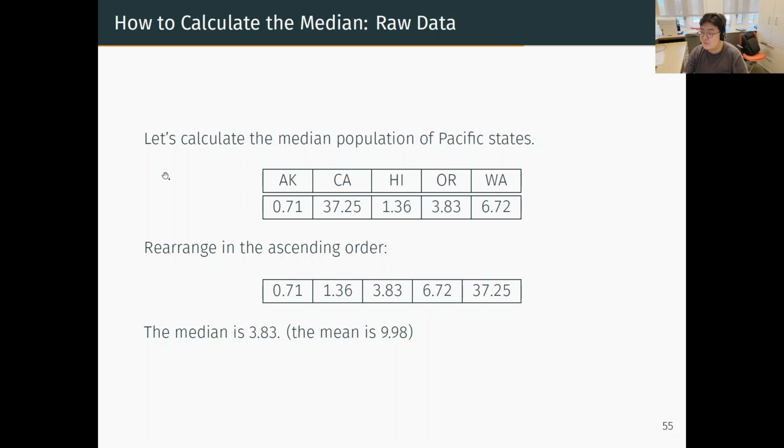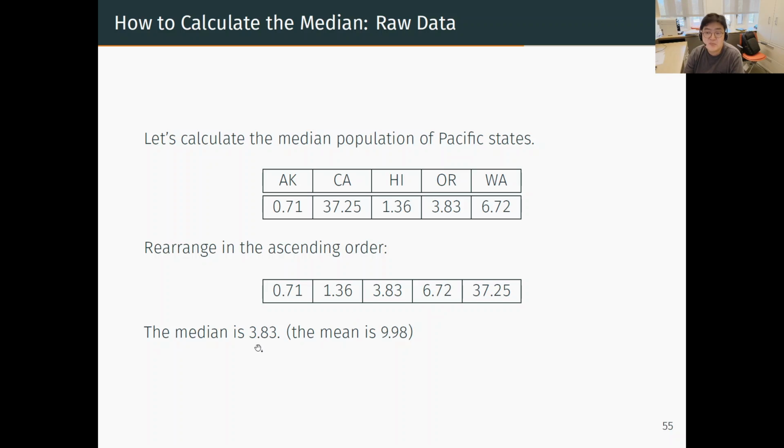So in this example, I only took Pacific states, right? And then I reorder them. The biggest is California, the smallest is Alaska. If you order 5 states in this way, then I choose the middle one, which is Oregon. 2 states are smaller than Oregon and 2 states are larger, so Oregon is the median.